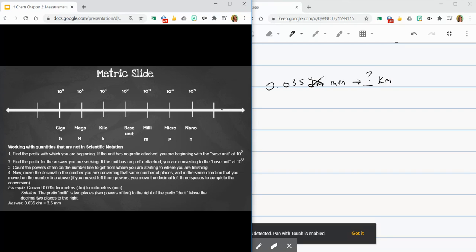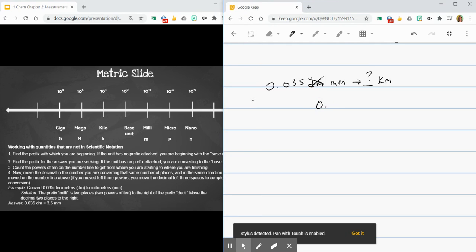So we're moving this way. So that means I'm going to have to rewrite my numbers to give myself a little more room. I said 6 places to the left, so I'm going to move 1, 2, 3, 4, 5, 6 with the decimal. Fill in the placeholder zeros right there, and that's how many kilometers we have.